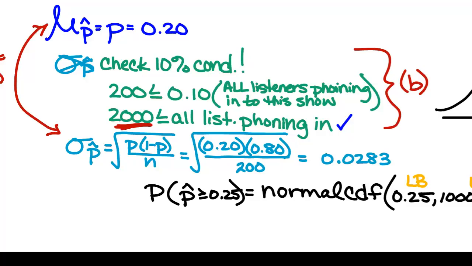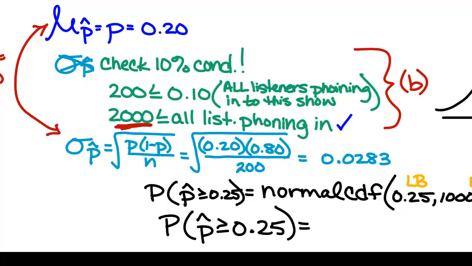And so then we pop this into the calculator. The probability that the sample proportion is greater than or equal to 25% is 0.0386. So then I don't have enough room up here because I did parts A and B on this spot too. But we haven't actually answered the question yet, have we?